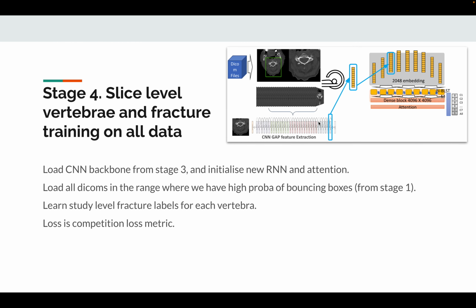In the next stage we take the previous stage's CNN and load it into this model, and we initialize a new LSTM and attention layer, and we learn on the study level fractures for each vertebra, as well as whether there's a fracture at all in the study. We don't take random crops here, we just take the whole study where we have vertebrae.